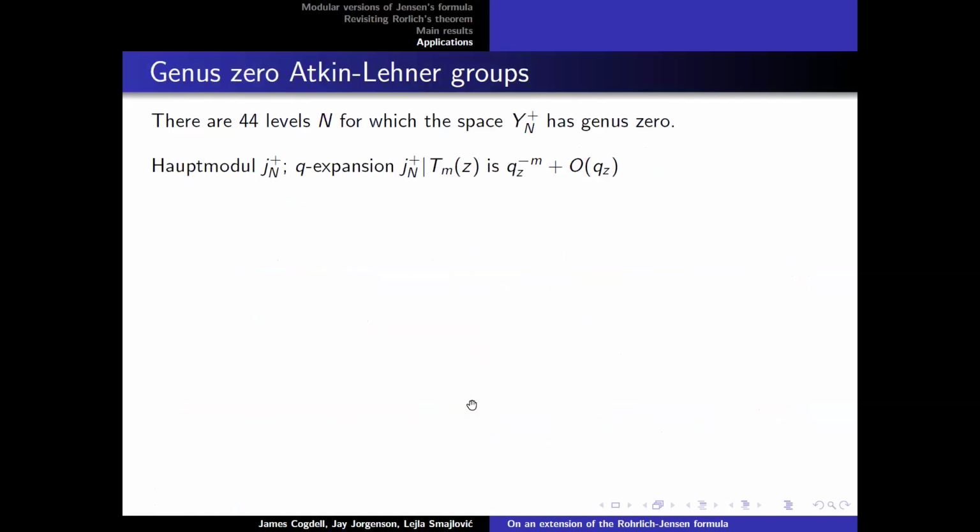Okay, so what about other levels? Well, this depends upon the genus. Why does it depend upon the genus? Well, when the genus is 0, then it is well known that the space of meromorphic functions on the group, or on the fundamental domain, or on the Riemann surface, depending on how we want to view this space, is generated by one function, which is the Hauptmodul.